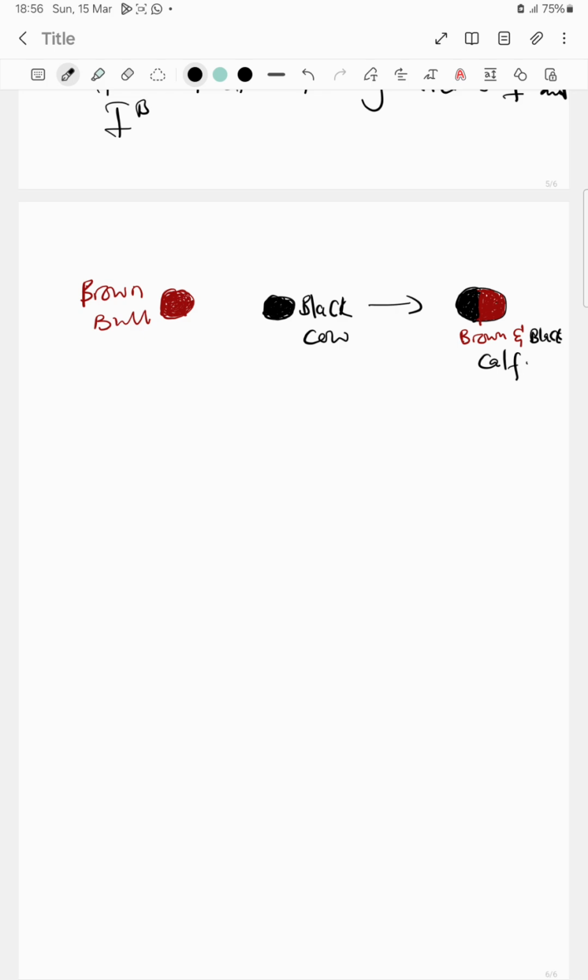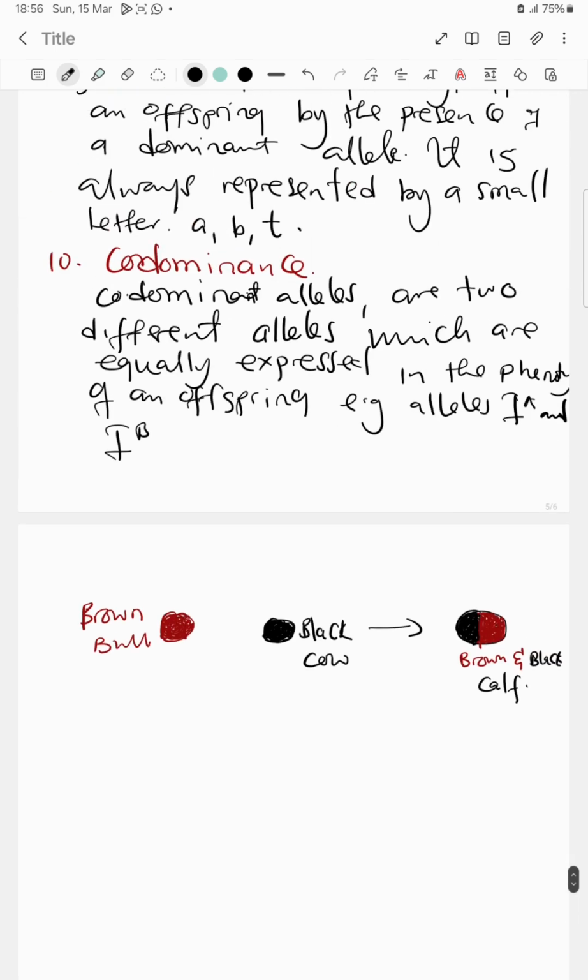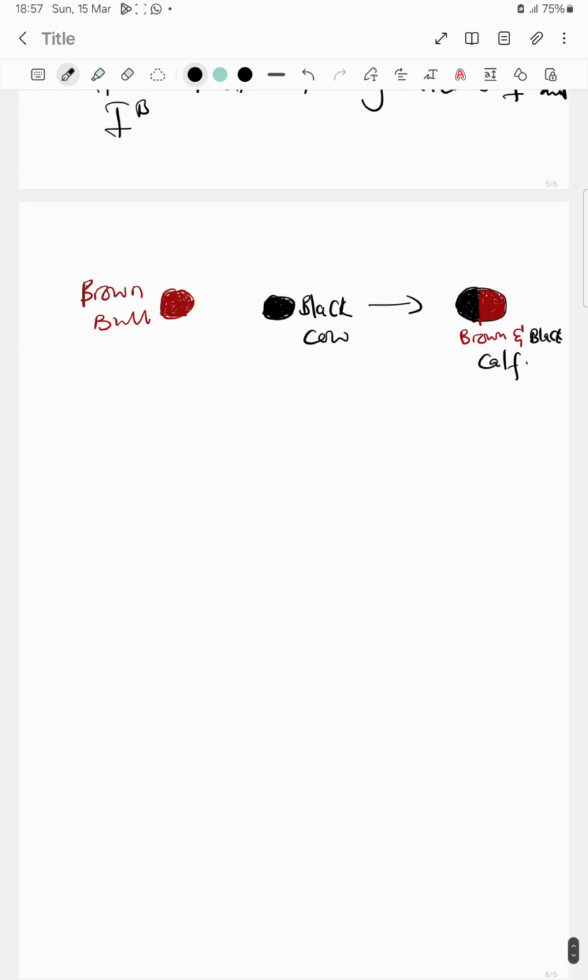That is what we call codominance. So we are saying codominant alleles are two different alleles which are equally expressed in the phenotype of an offspring. E.g., we talked of allele A and allele B. We've talked about that. So now, this is the other example that I can give you.